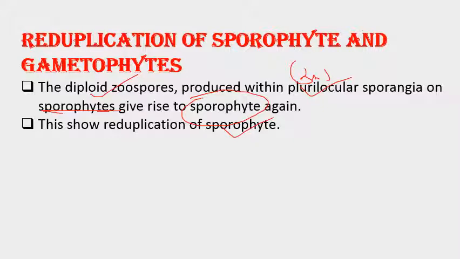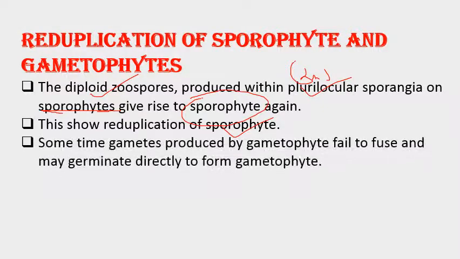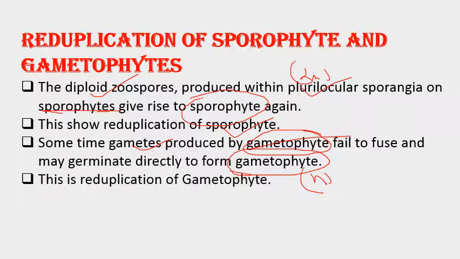It means they show reduplication of sporophyte. Then sometimes gametes that we have discussed produce a gametophyte without fusing. For example, the female gamete can form a haploid gametophyte plant body by the process of parthenogenesis, fail to fuse with the male gamete, and germinate directly, resulting in the formation of a haploid plant, which is known as gametophyte. This is known as reduplication of gametophyte.